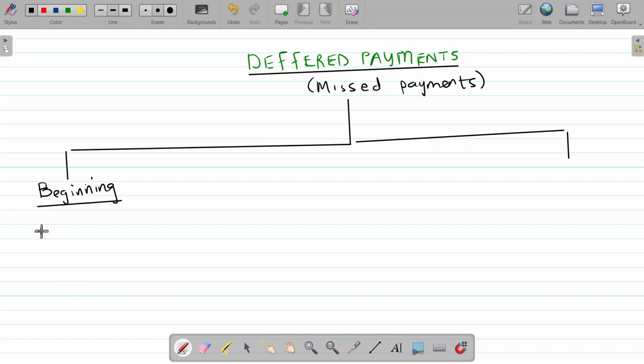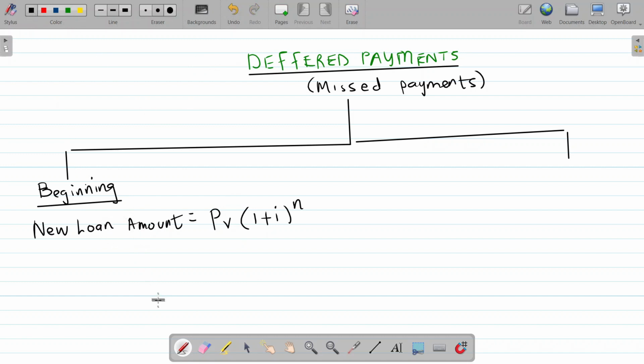So now, in this particular case, for us to find the new loan amount after you missed payments at the beginning, we're going to take the loan amount that you borrowed, the PV, and run it in a compound interest. So in this case, this is the new loan amount. I don't know where my obsession with M came from.